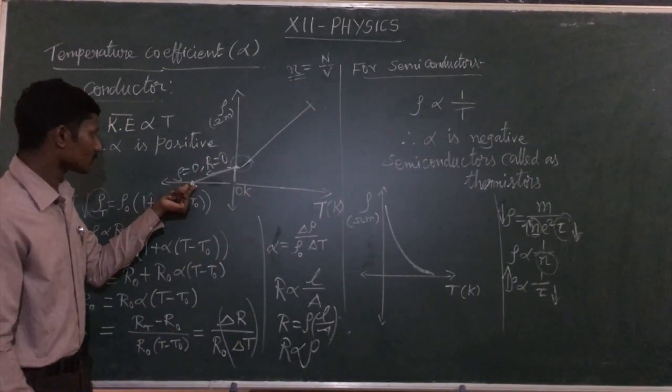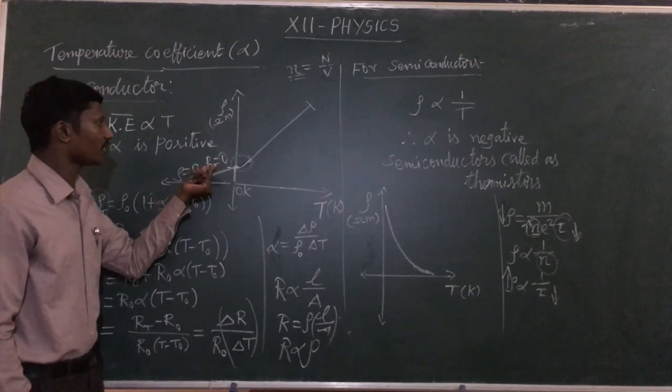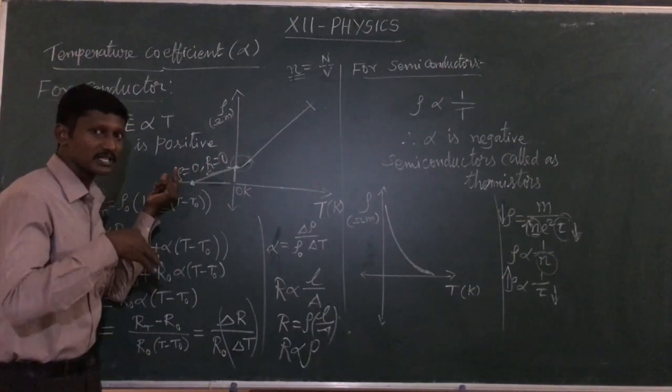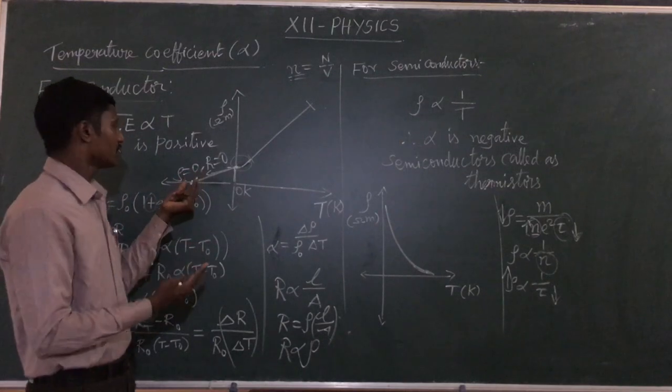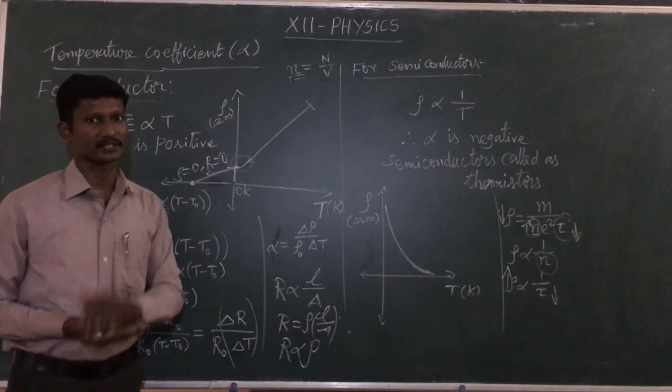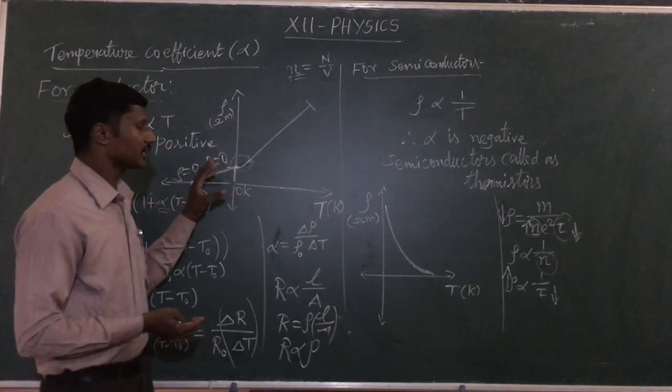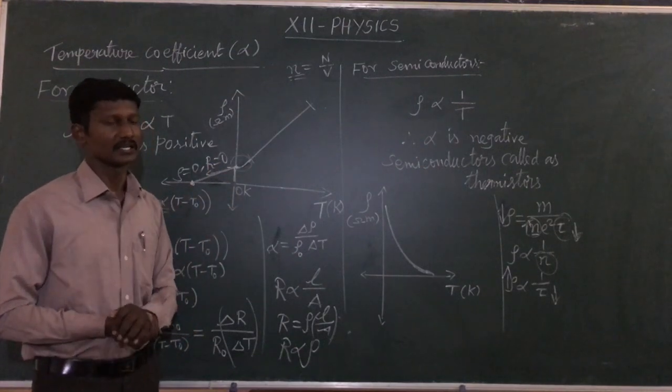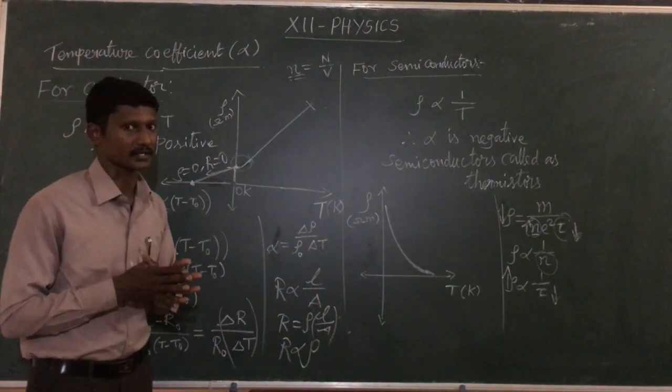At a particular temperature the resistance of the material becomes 0, that means it becomes a superconductor. This phenomenon is known as superconductivity, and that material is known as a superconductor.